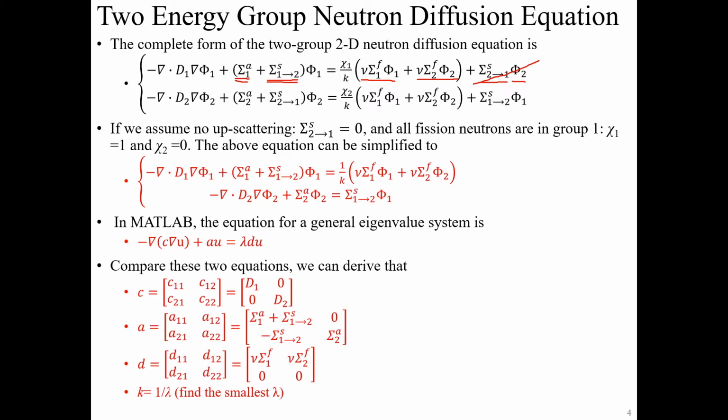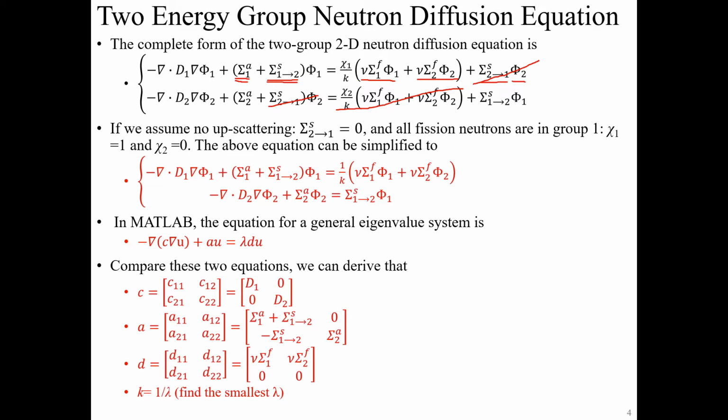So if chi2 is 0, this entire term is 0. This one is also 0. Then chi1 is just 1. Therefore, we can simplify this equation to this red equation.